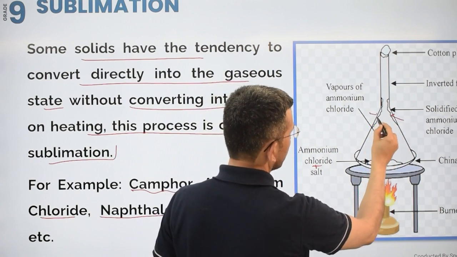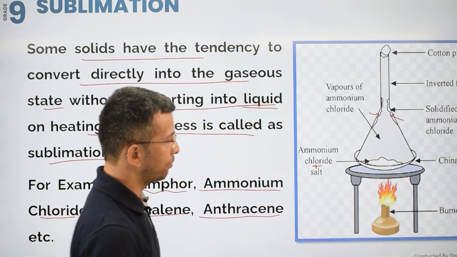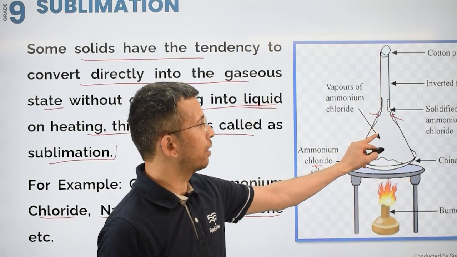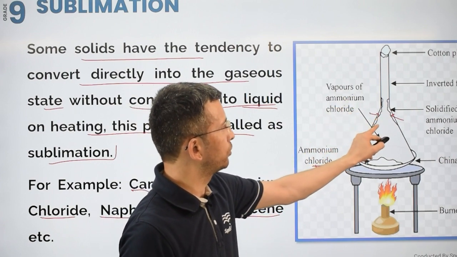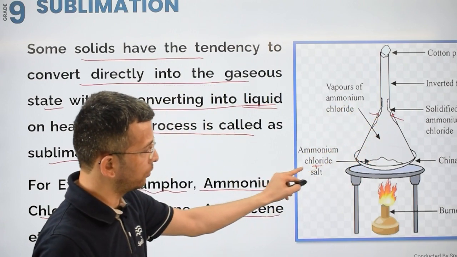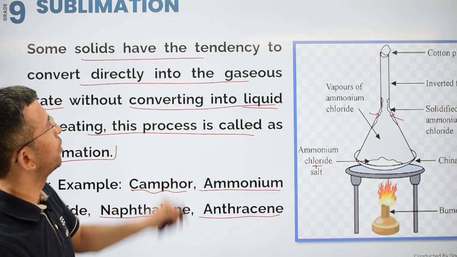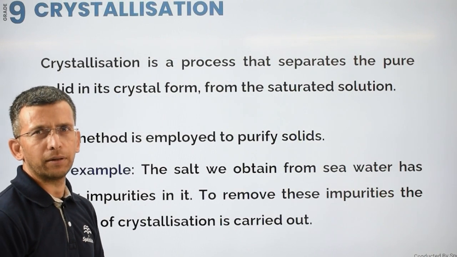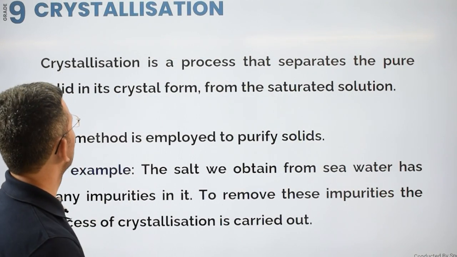And the salt will remain here only. Afterwards, I can take out all the ammonium chloride which is going to deposit here. So here I can separate the ammonium chloride and salt mixture with the help of the sublimation method. So student, another method is crystallization.